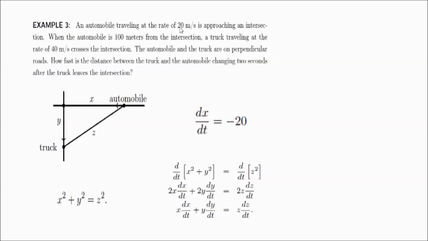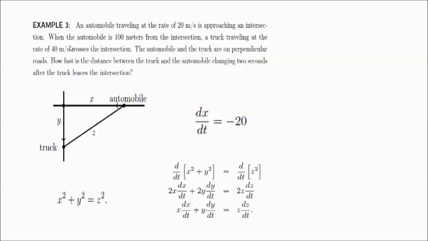So traveling at the rate of 20 meters per second. Ngayon, negative siya class. So that is dx over dt, di ba? Negative siya kasi nagdi-decrease yung x, di ba? While going to the point of intersection. So negative 20.